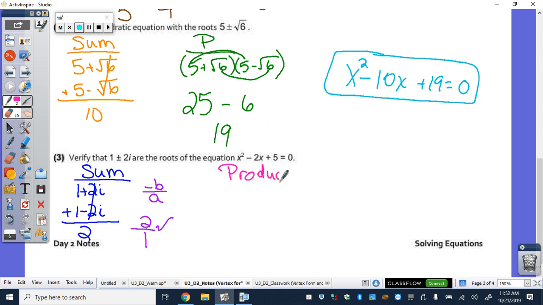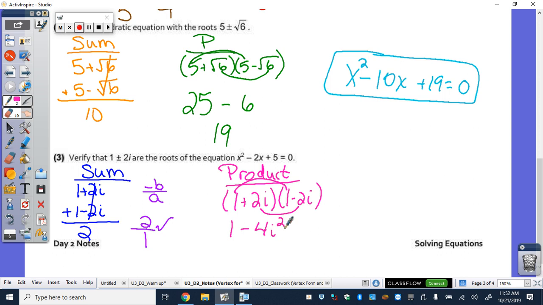So now I'm going to go into product. So 1 plus 2i times 1 minus 2i. These again are conjugates. So 1 times 1, 2i times negative 2i.